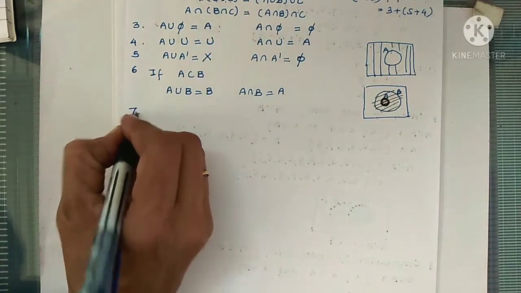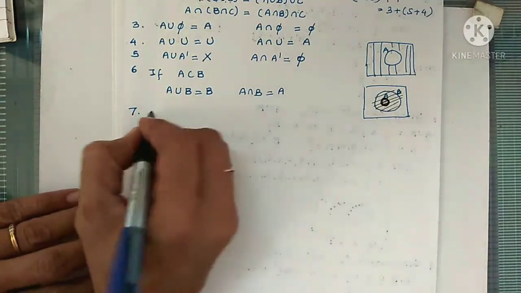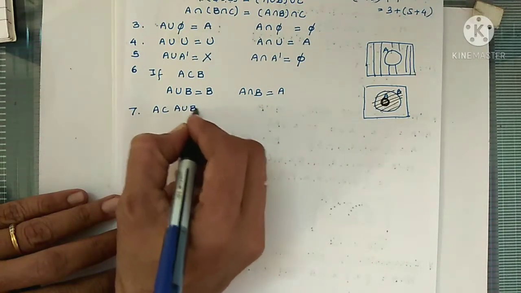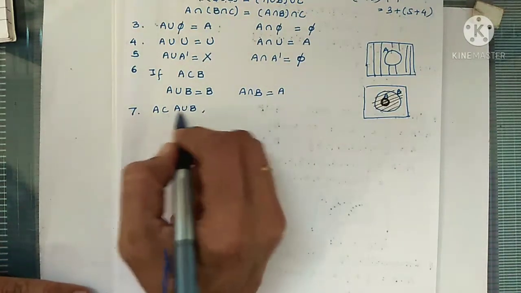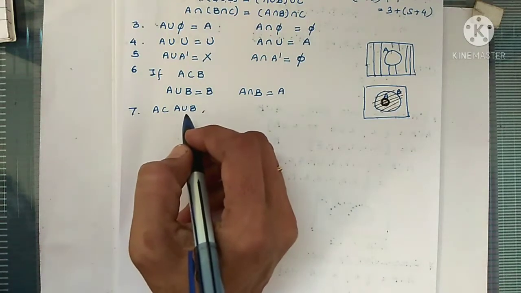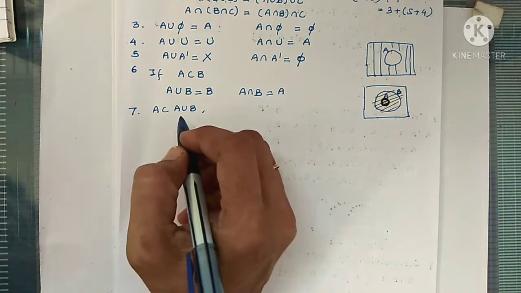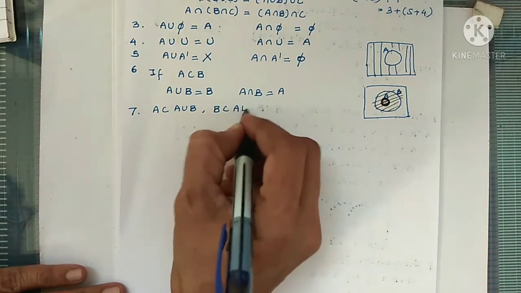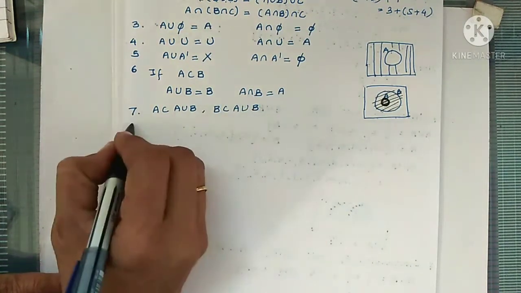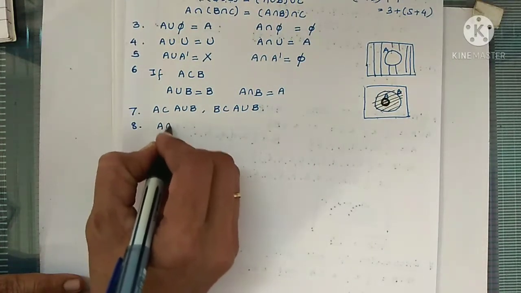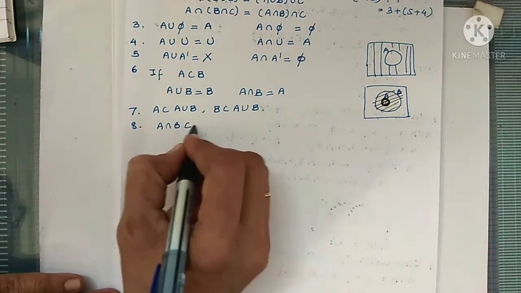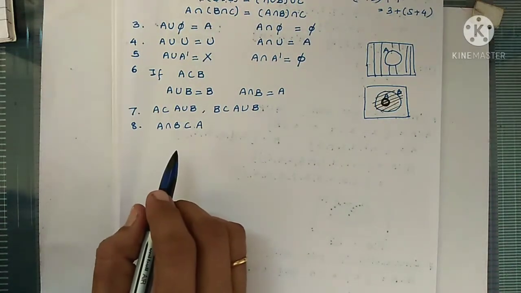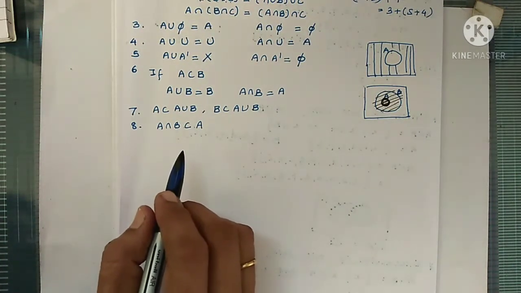The next property is, you can see here, A is a subset of A union B. It's a very logical thing. A is a subset of A union B because while writing A union B, we first write elements of A and then elements of B. So similarly, B is also a subset of A union B. Similarly, A intersection B is a subset of A. A intersection B is the common elements of A and B, so these are elements of A also.